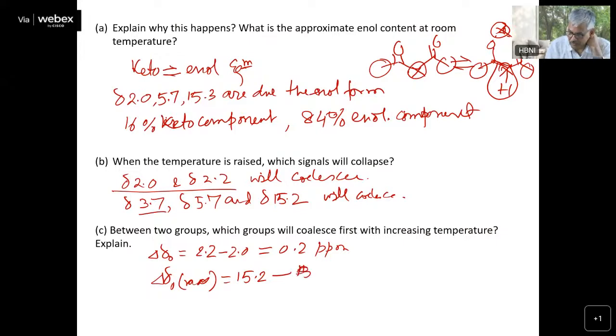That is the highest peak, and the lowest ppm is 3.7. Automatically, where the delta delta is more, that will require higher temperature. You can explain them in terms of K coalescence.